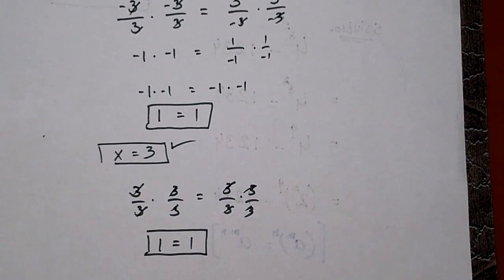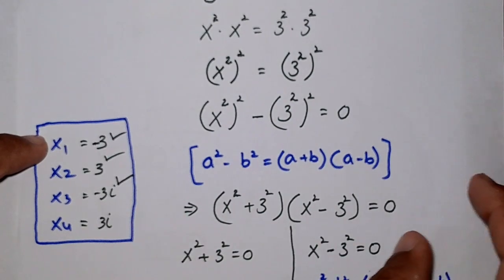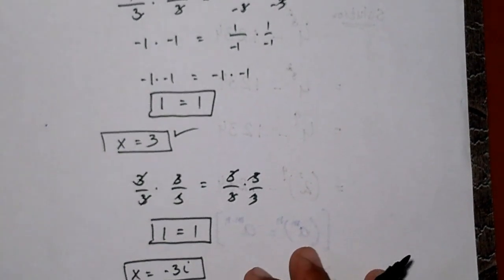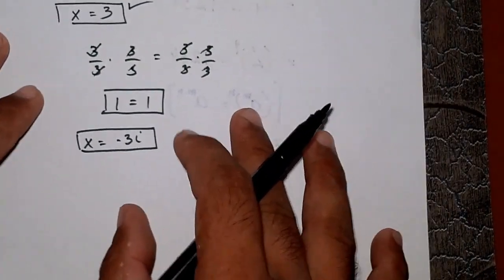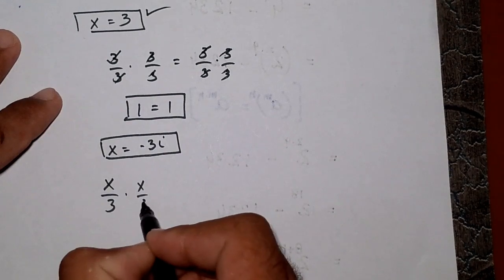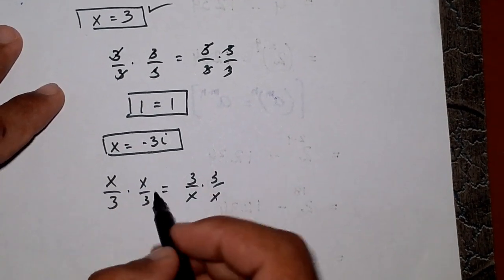Now we have to put the value of x3, that is minus 3i. So here x is equal to minus 3i. To put this value, the equation is x over 3 times x over 3, which is equal to 3 over x times 3 over x, and x is equal to minus 3i.